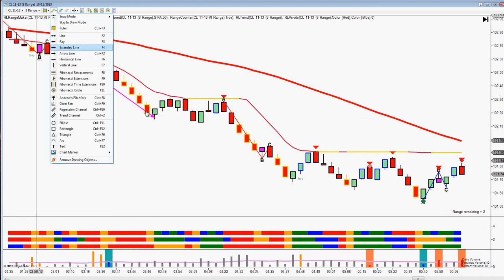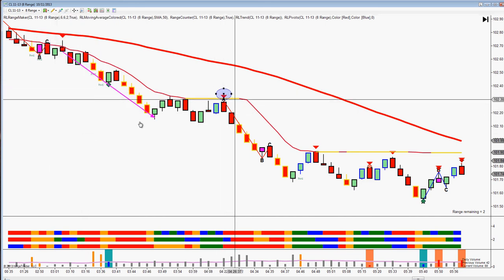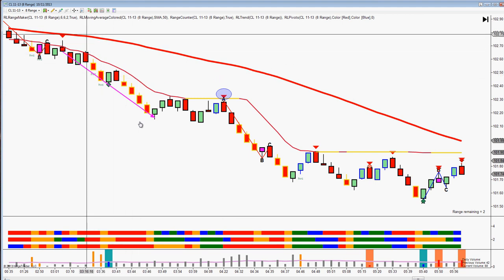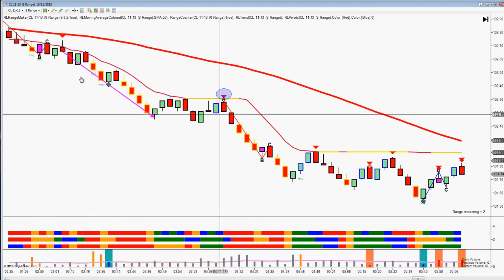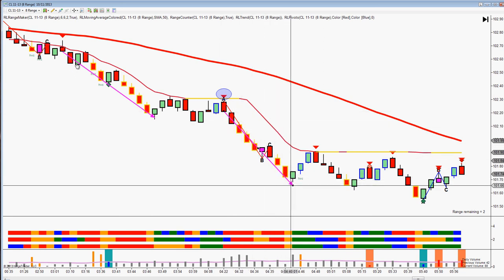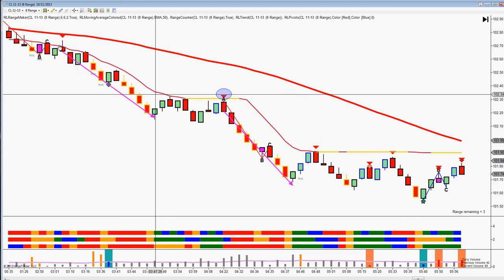Now here's another power entry. That worked incredibly well, but via our rules, we cannot take it because it comes off of a yellow right line trend line. Even though it was successful, we're going to see successful trades pass us by if they don't adhere to our rules.